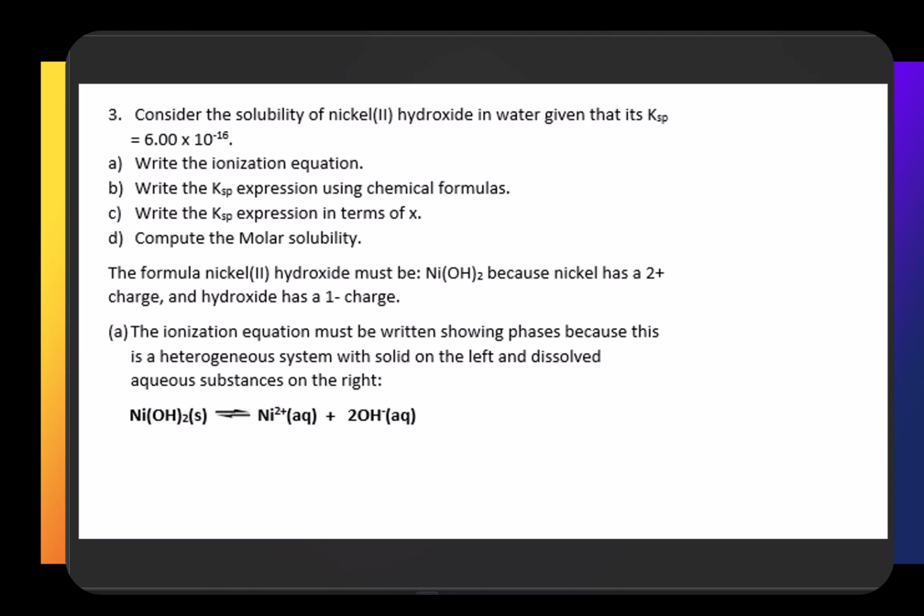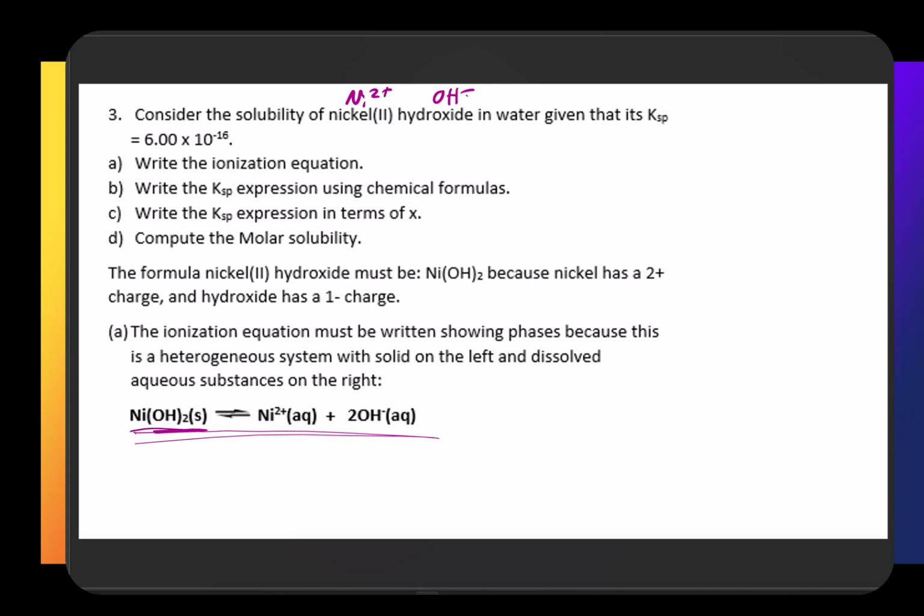So nickel, Roman numeral 2, means nickel with a positive 2 charge. We know that hydroxide is a negative 1. So to balance a positive 2, we need 2 of these hydroxides. Hence, our nickel hydroxide formula is Ni(OH)2. And then this would be the resulting dissolution equation.